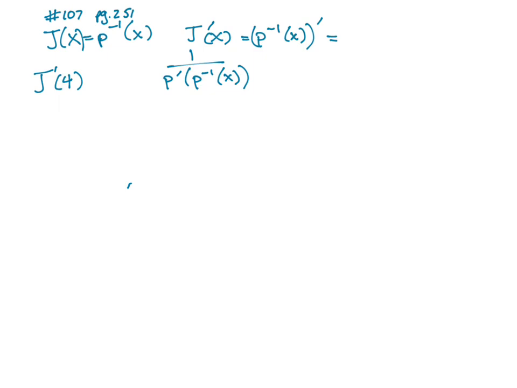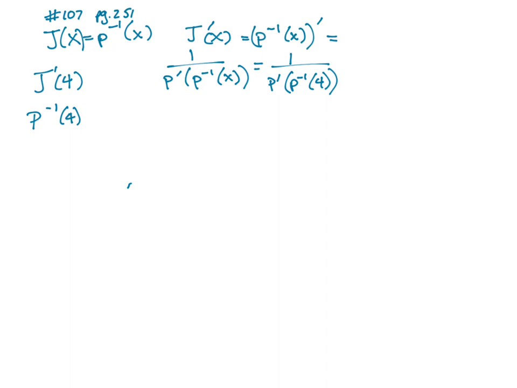We are looking for J prime of 4. So we want 1 over P prime of P inverse of 4. P inverse of 4, we've got to reference our table. So we're reading our table backwards.